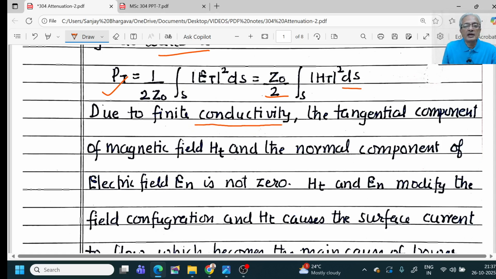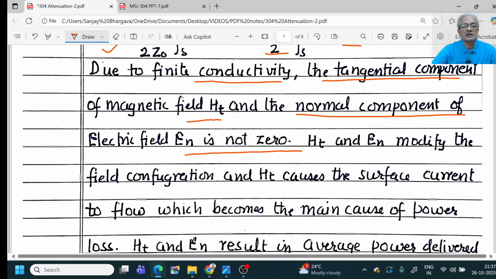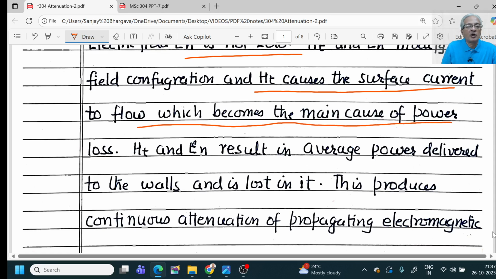Due to finite conductivity, the tangential component of the magnetic field and the normal component of the electric field are not zero. HT and En modify the field configurations, and HT causes the surface current to flow, which becomes the main cause of power loss.